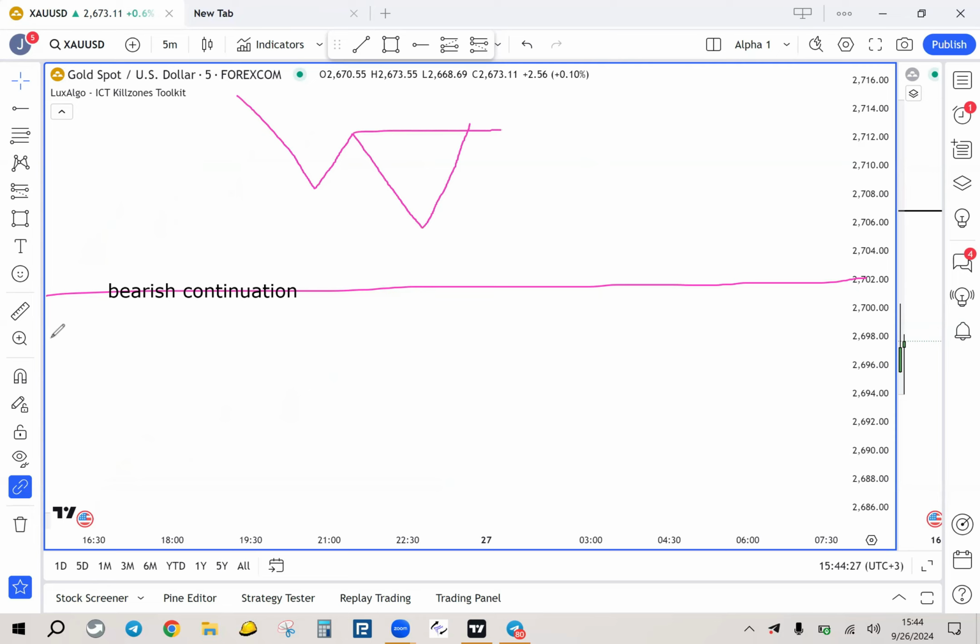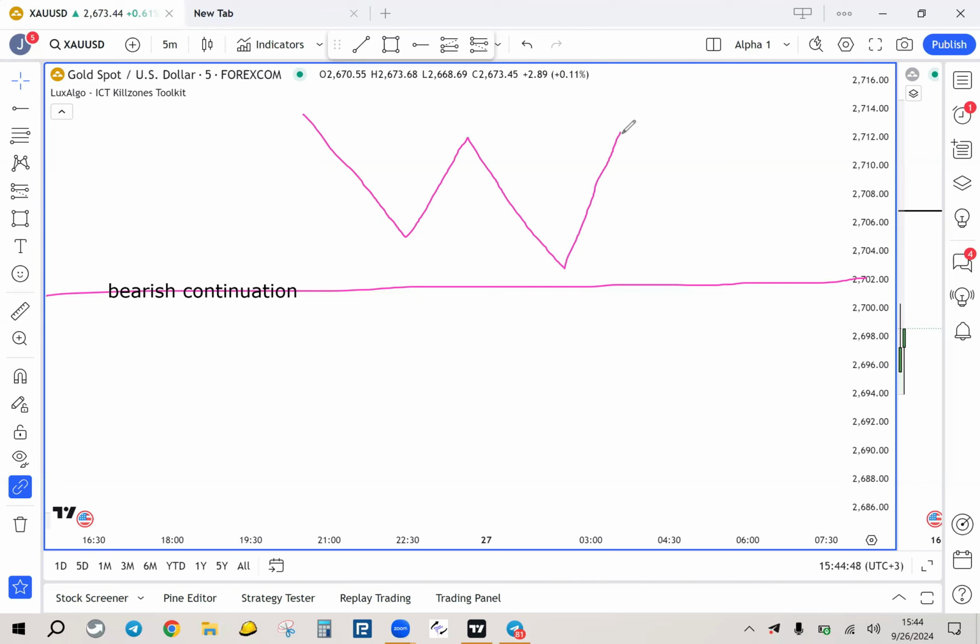And I'm not saying that it will slightly poke this high and then go down and we consider them relatively equal highs. No, what I'm saying is that from more of a body perspective, you don't care if this high is poked by a fraction of a pip or not.